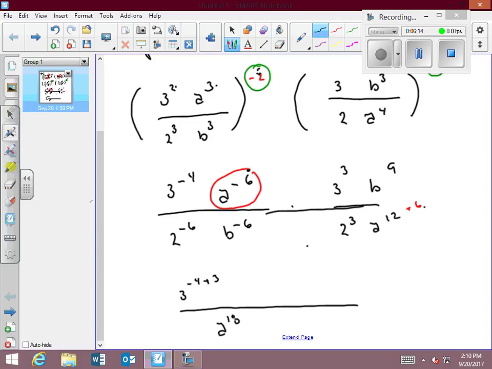Okay. Now then, the next thing is, just up here, I've got this b minus 6. So I'm going to go up here, and I'm going to add it up here. Going to the numerator, it becomes a b plus 6, and then the b9 and b6 add.